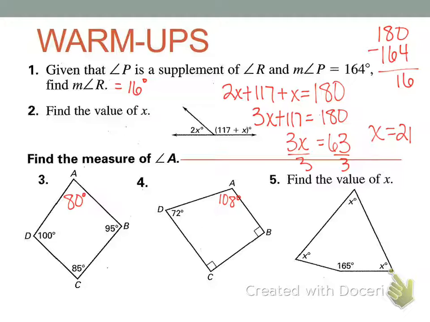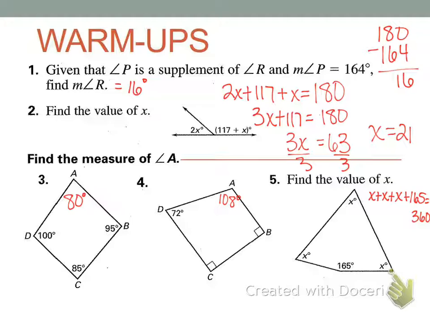Last one is similar, but we are finding the value of x. So we know if we add up all 4 angles, it should add up to 360. So we would have x plus x plus x plus 165 equals, ran out of room, 360.